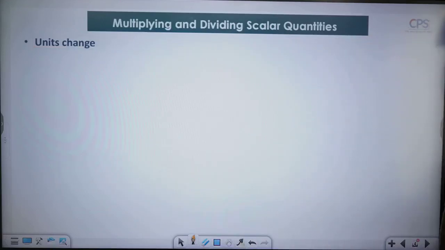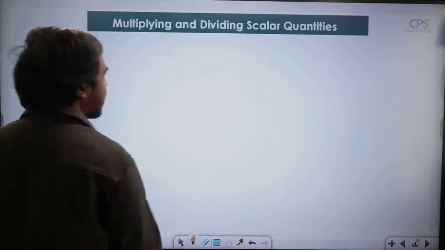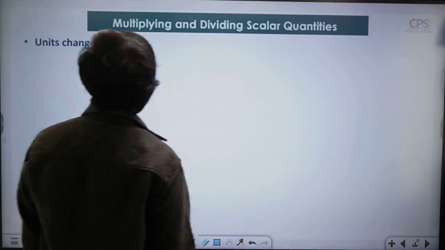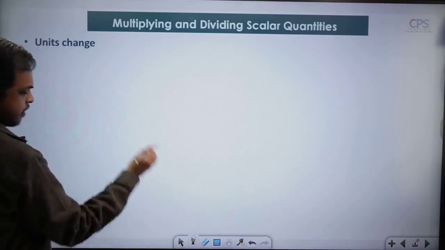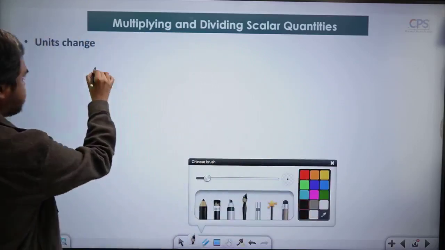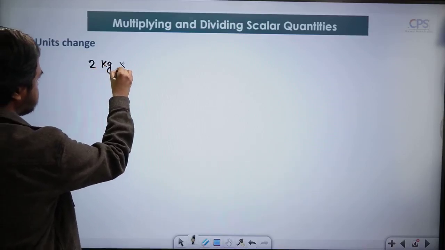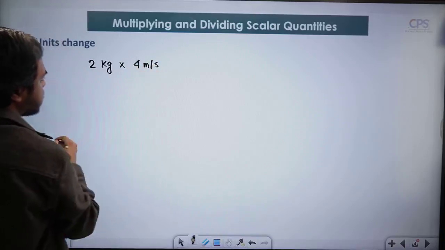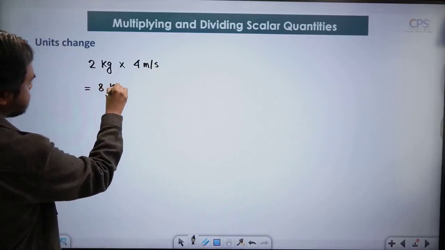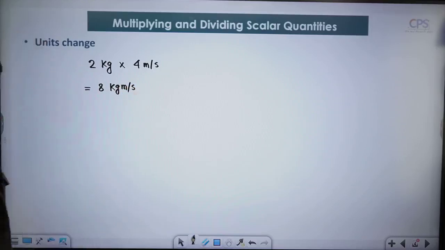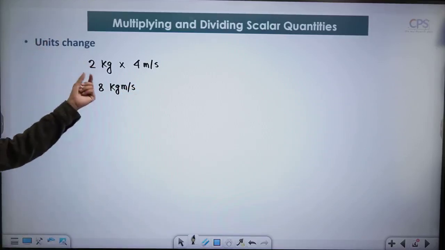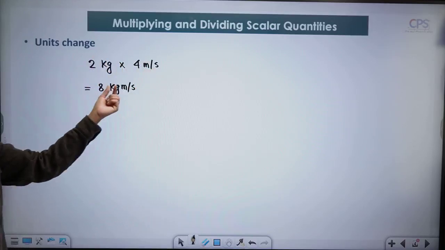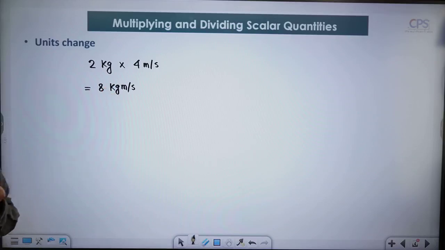Now, if we multiply or divide scalar quantities, that's where the fun starts. If you multiply 2 kg into 4 meter per second, you will get 8 kg meter per second. See, the units do change. One was kg and the other was meter per second, but the unit of the answer is kg meter per second.